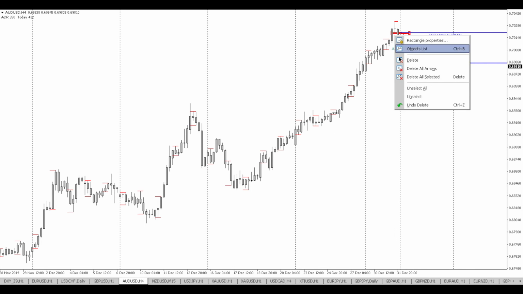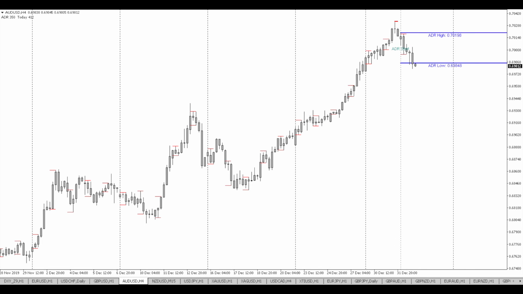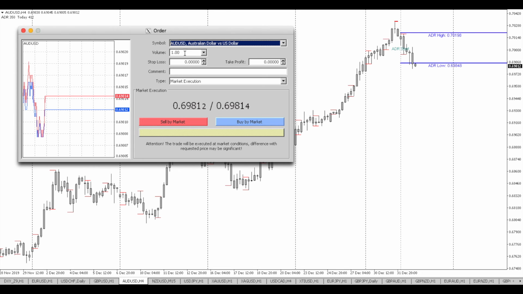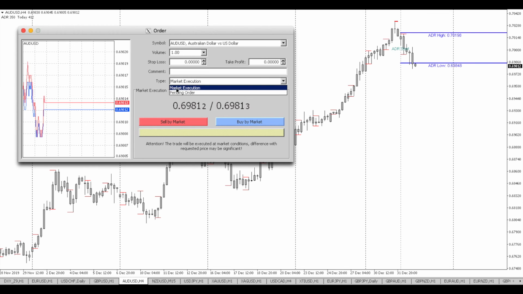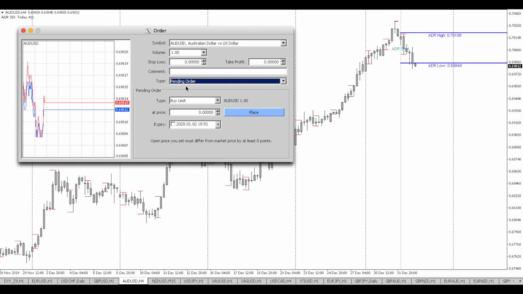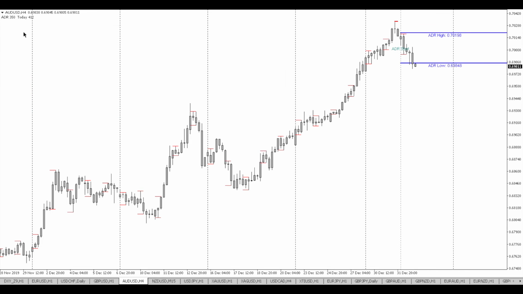But it all depends on the type of entry you want to choose. I just chose to use TradingView so you can see it. Market execution means you enter now; pending, you're either going to buy limit, sell limit, buy stop, or sell stop. That's literally it. But for me, like I said, I'd rather always use limits.